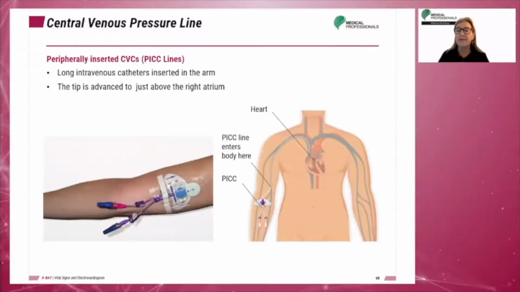Peripherally inserted CVCs, or PICC lines, are long intravenous catheters inserted in the arm. The tip is advanced to just above the right atrium. The preferred location is the superior vena cava, approximately 2 to 3 centimeters above the right atrial junction.